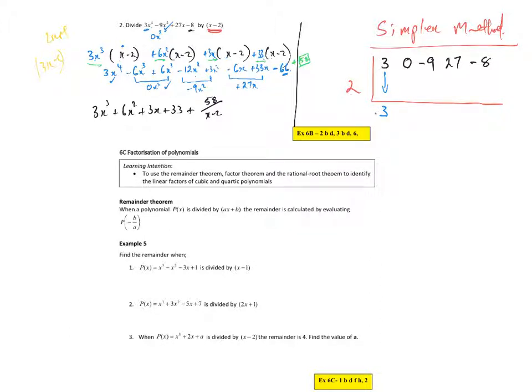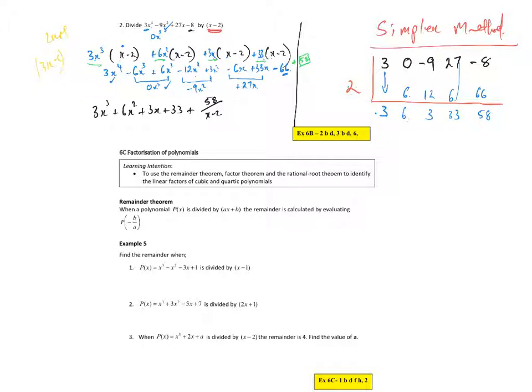2 times 3 is 6, so I put 6 there, add them together, I get 6. 2 times 6 is 12, add them together, I get 3. 2 times 3 is 6, add them together, I get 33. 2 times 33 is 66, add them together, and I get 58.